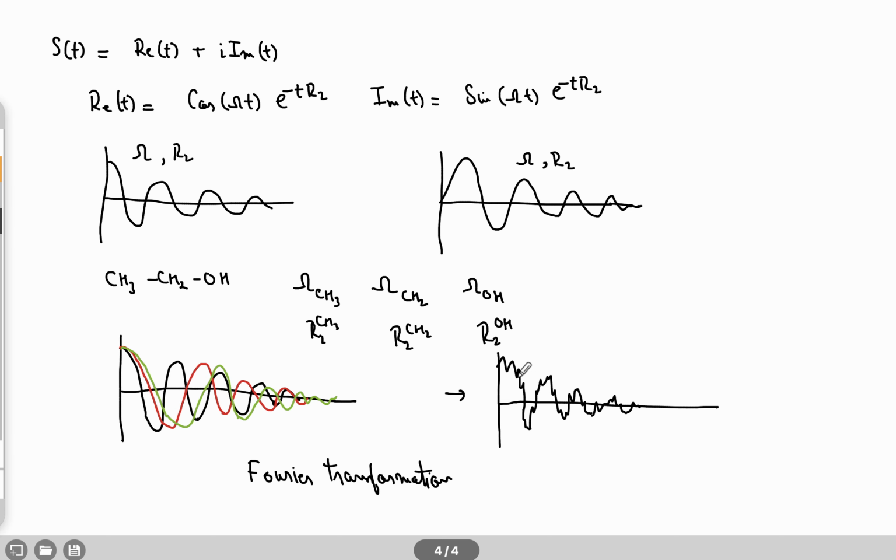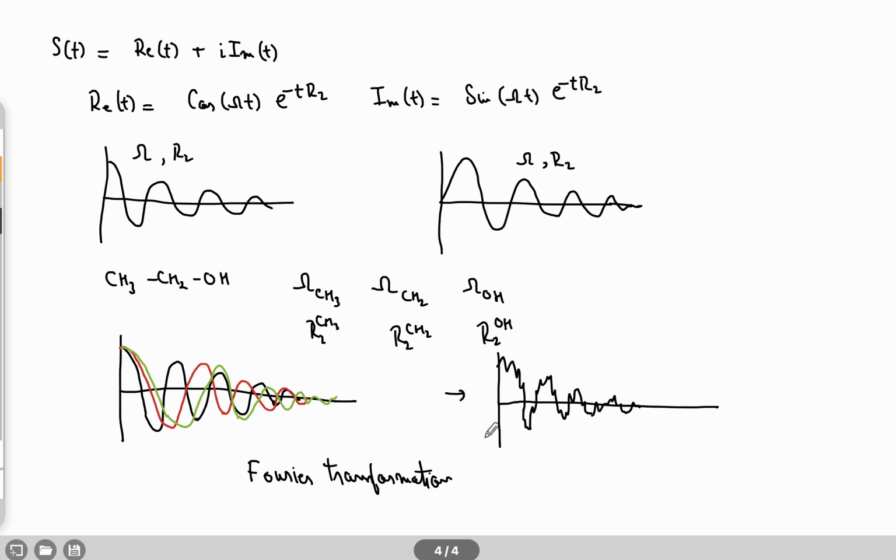So that means if this is a linear combination, this linear combination can be deconvoluted to extract out information for each unique wave, right?